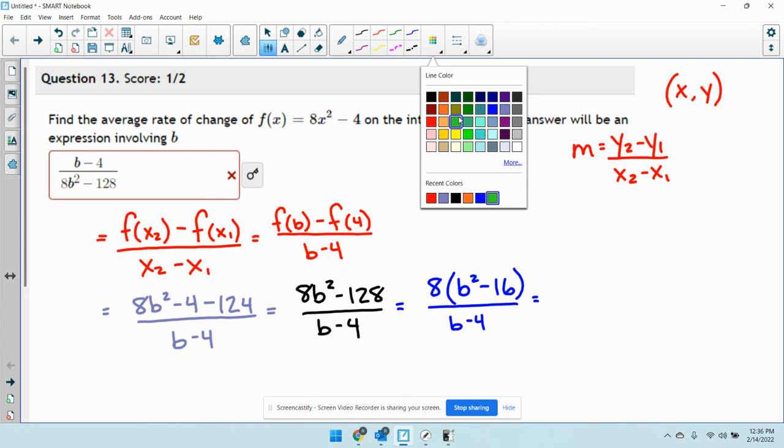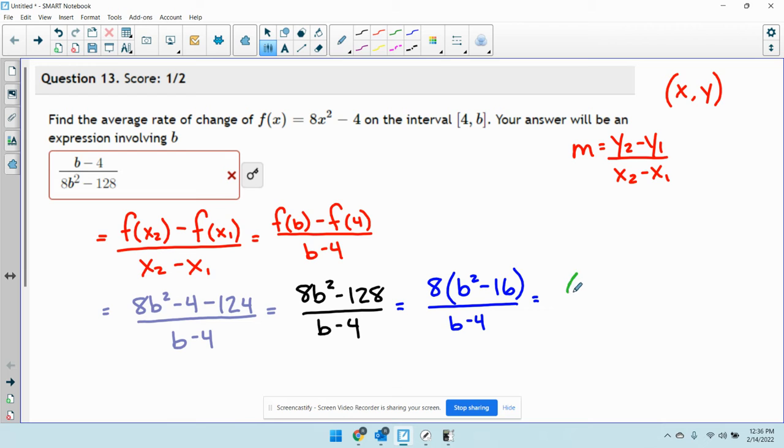So I can rewrite that, leave the 8 out front, as b plus 4 times b minus 4 all over b minus 4. You'll notice this b minus 4 is going to cross out with that b minus 4. So my final answer is 8 times the quantity b plus 4.